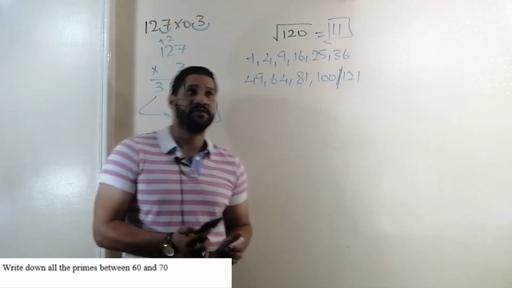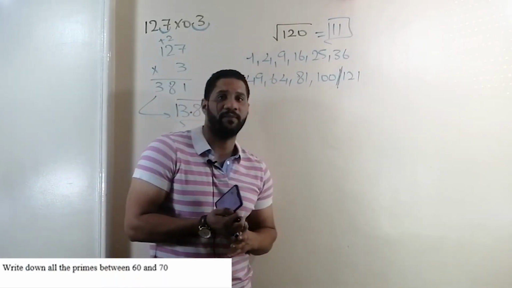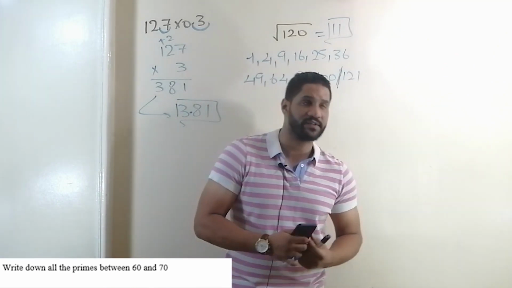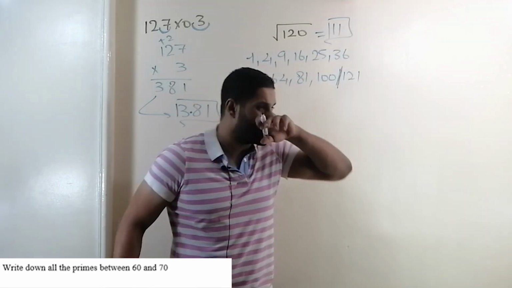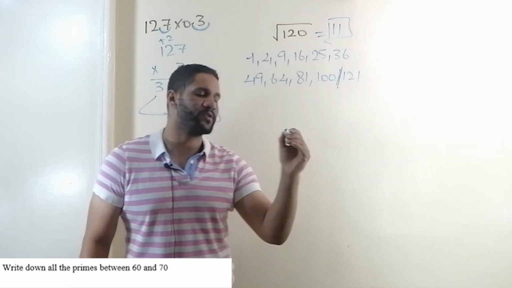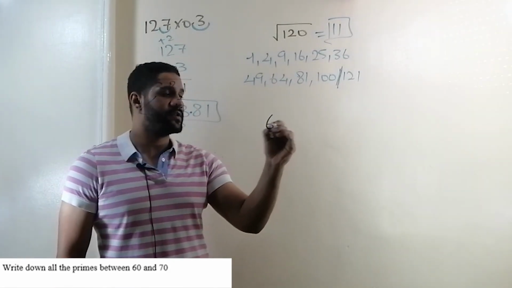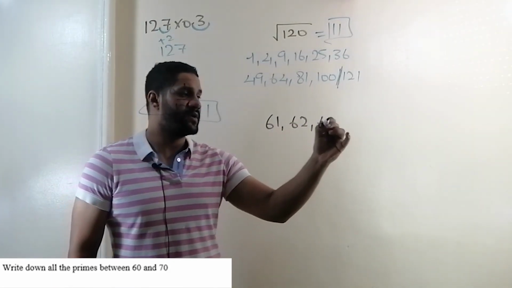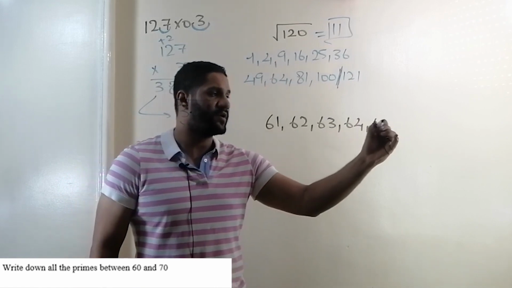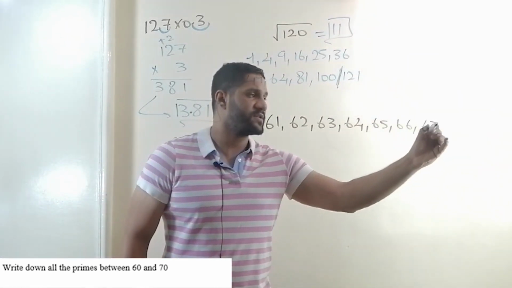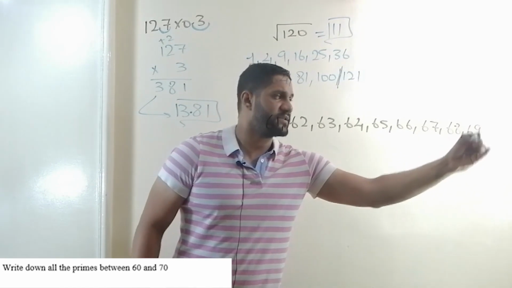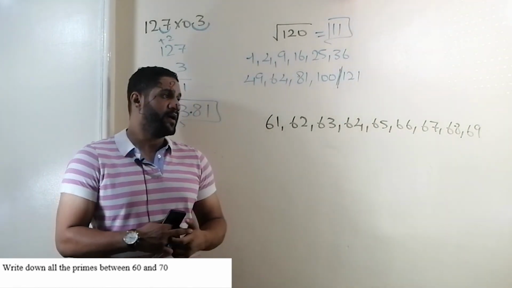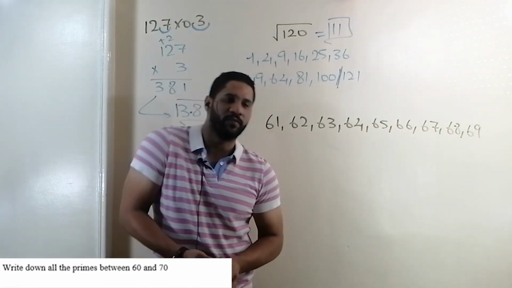If you look at number 6, he is asking me to write all prime numbers between 60 and 70. To make life easier, let's write all the numbers: 61, 62, 63, 64, 65, 66, 67, 68, and 69. Okay, how do we get the prime numbers from all of these?